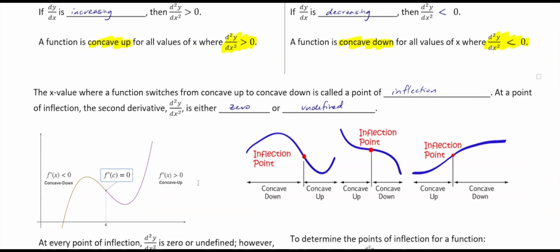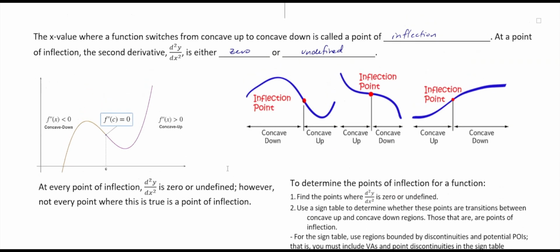Okay, so the point where it goes from concave up to concave down, that's going to be a point of inflection. At every point of inflection, the second derivative is 0. However, not every point where this is true is a point of inflection.